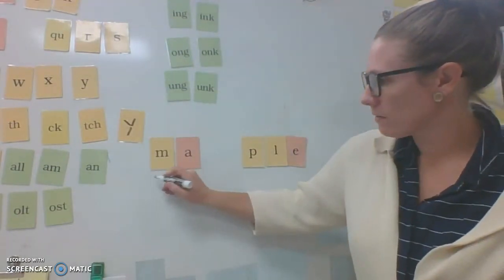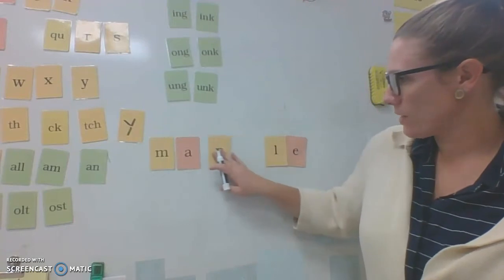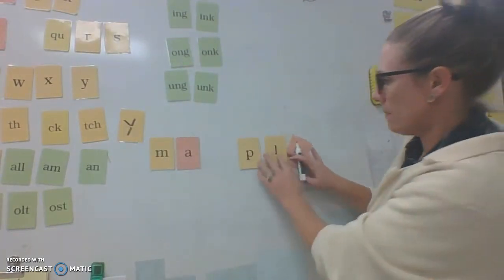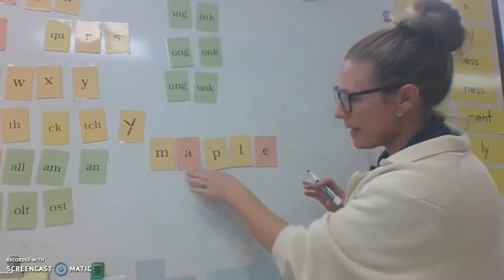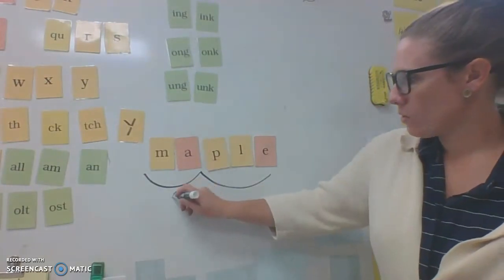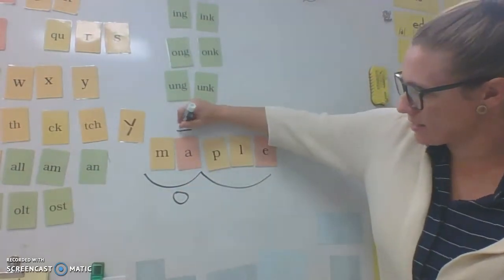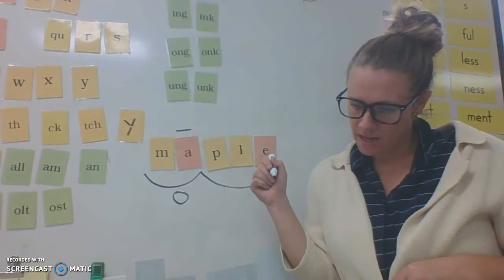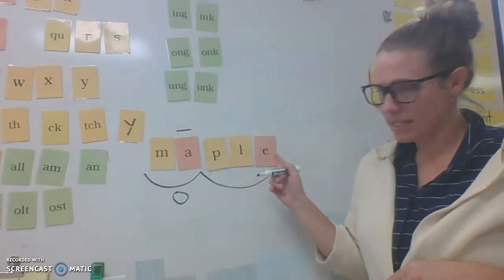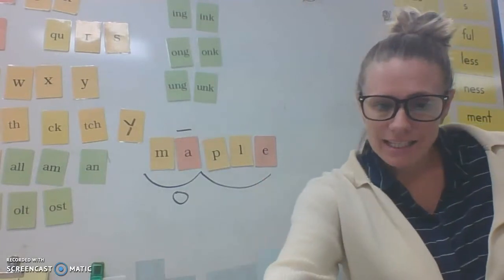It's open, right? Because if this was part of the first syllable, this word would be maple. But this word is maple because if we scoop the syllables, this one is open, so the A says long A, and then this syllable is the consonant LE, so the E is silent.